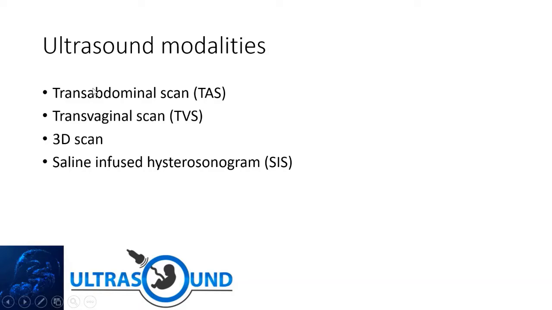The idea is you put a catheter into the uterine cavity and infuse fluids. As the uterine cavity is distended, you will be able to see more detailed structures in the cavity. The commonest things that we do are transabdominal scan and transvaginal scan, and I'll be focusing on these two modalities.